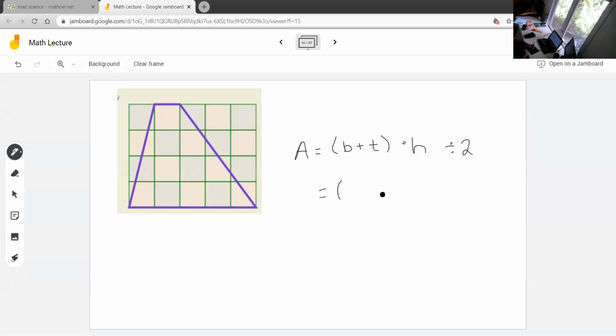What am I adding here? 5 plus 4, top, not height. 1. So 12.